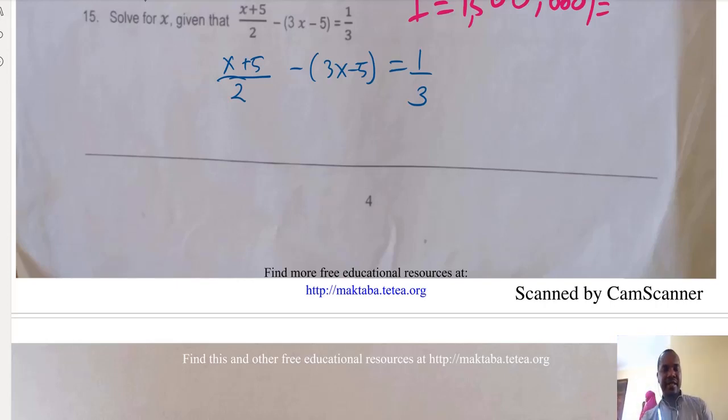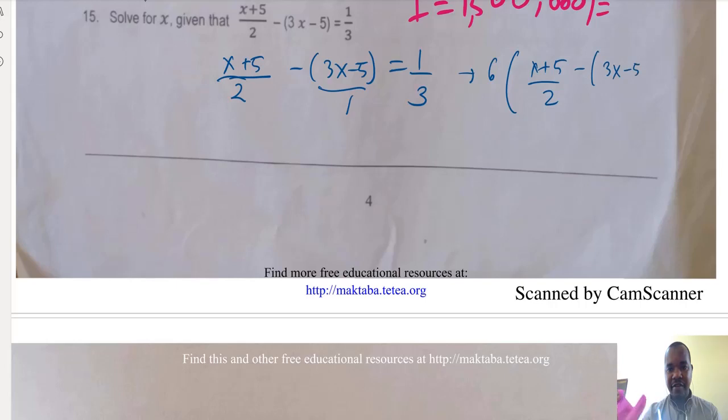The easiest part here is, you multiply by the LCM of 2, 1 and 3, which is 6. So you can multiply by 6. I can say 6 in the bracket, x plus 5 over 2 minus in the bracket 3x minus 5 equals 1 over 3 times 6.